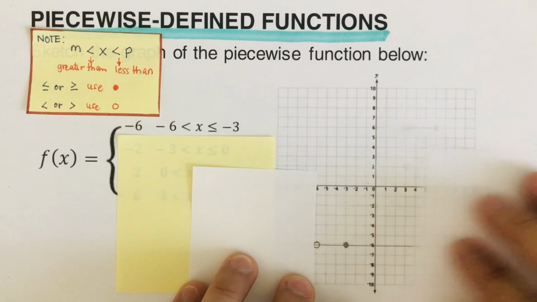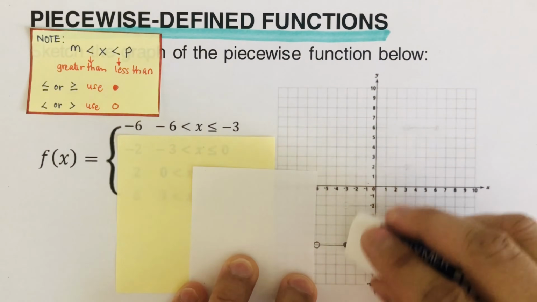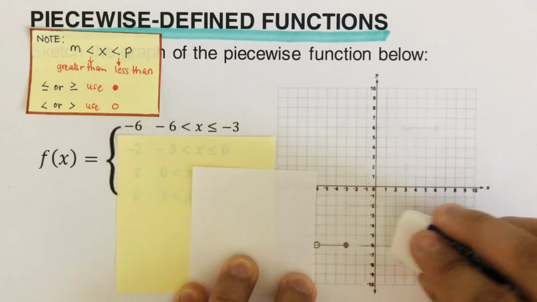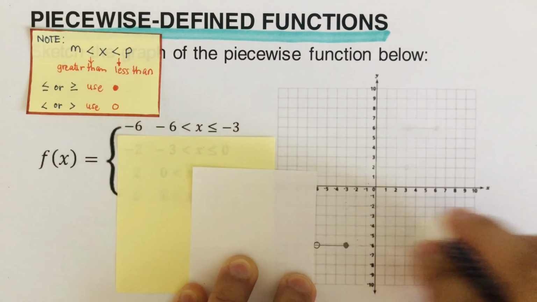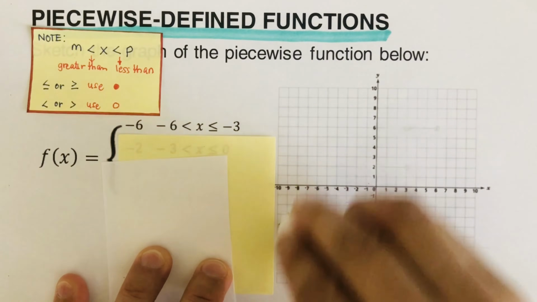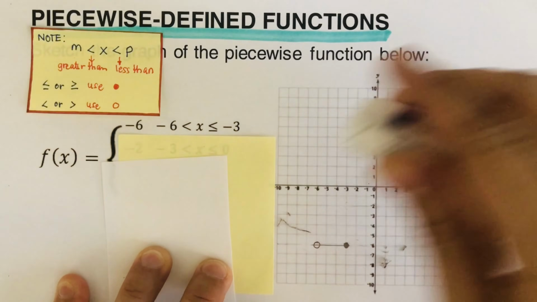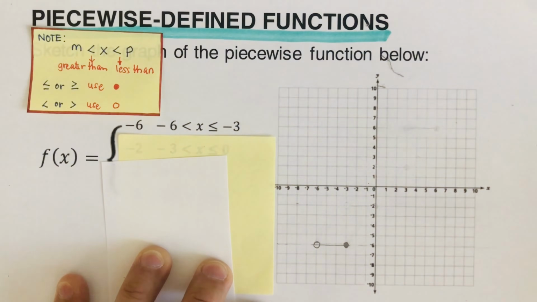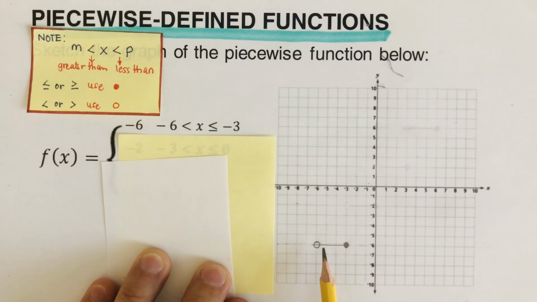What do I do with the rest of the parts that I drew? I am going to erase them. That means I only stop on this interval and don't consider the rest. So I only consider x greater than -6 but less than -3, only in between these two circles.